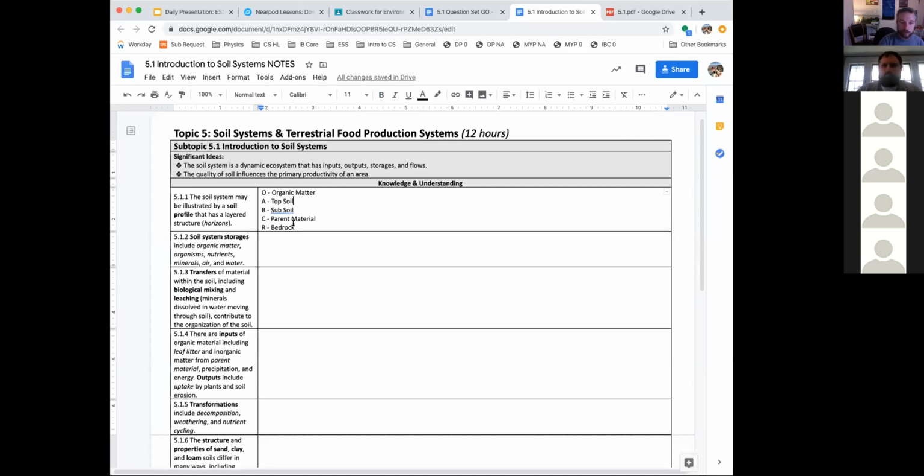There's also a bottom-up input, as I mentioned, of the bedrock and the parent material, breaking down, eroding in order to have nutrients in the subsoil and the topsoil. And then the major outputs include the uptake by plants and soil erosion. So plants take up those minerals and water through the roots.